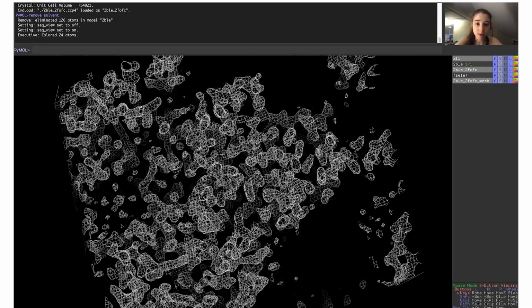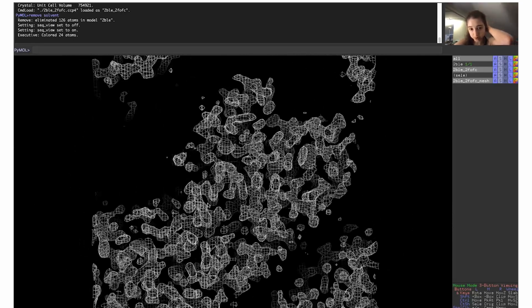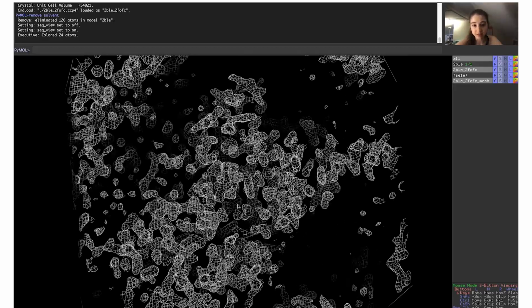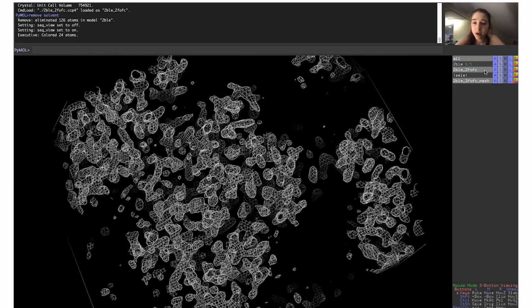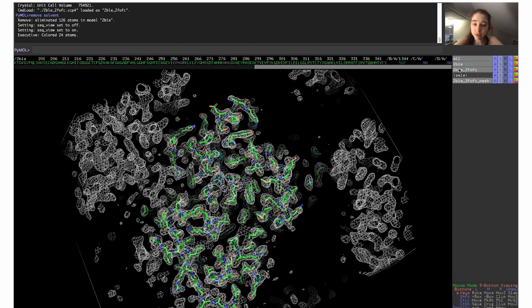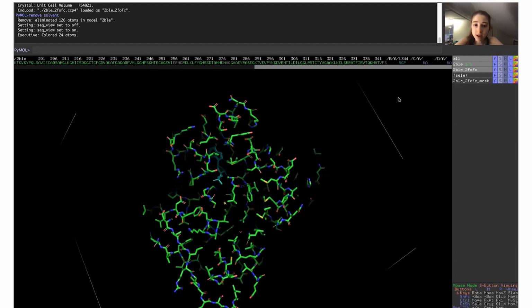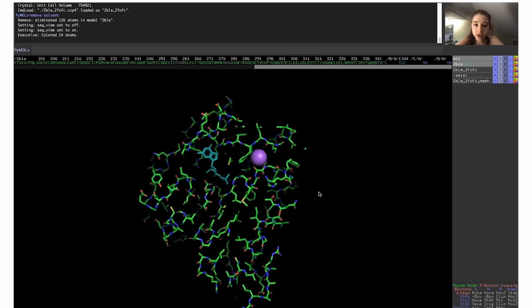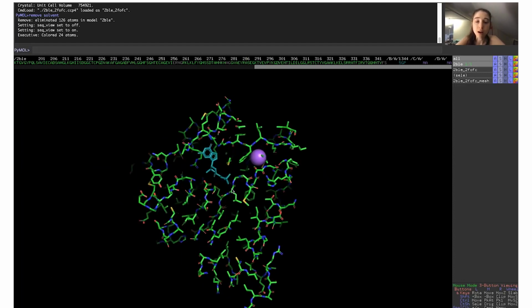When you're building your model, you have something like this that you're building into. So we have to keep this in mind when you see a stick structure: this is their built model, and we don't know how high the resolution actually was that they were using to build that model.